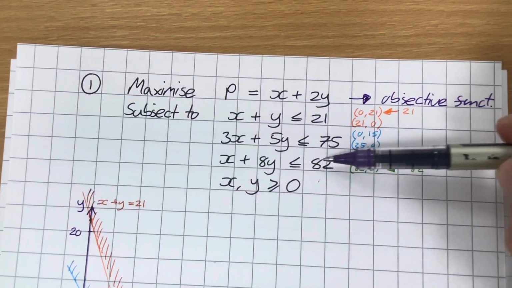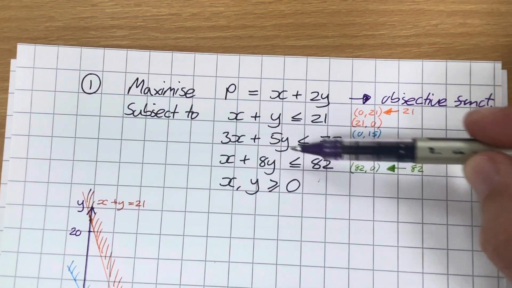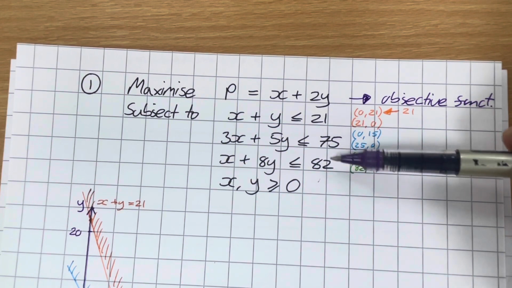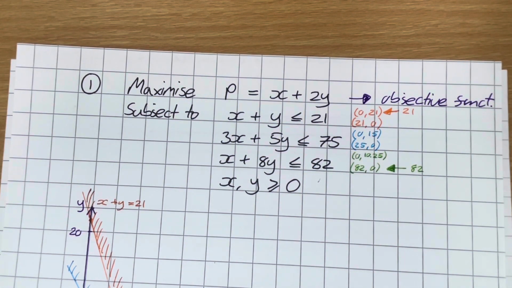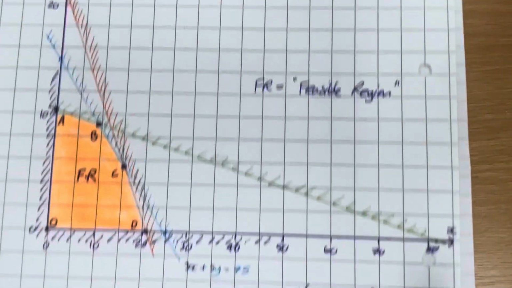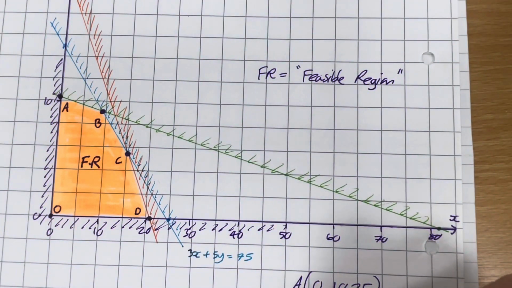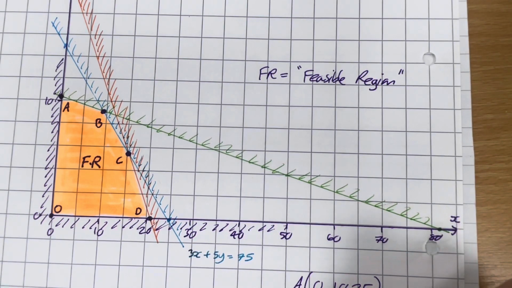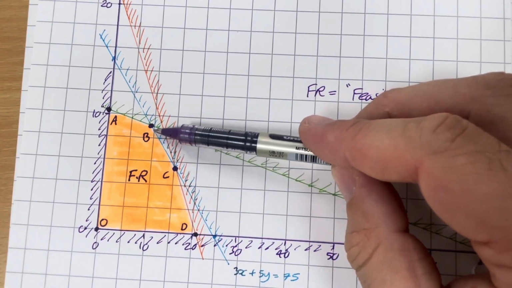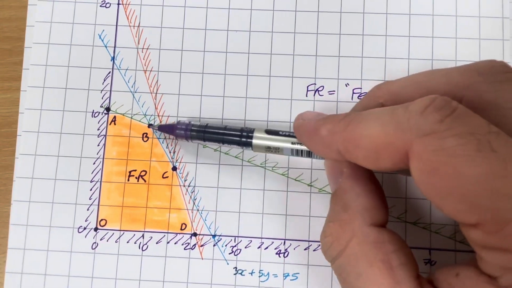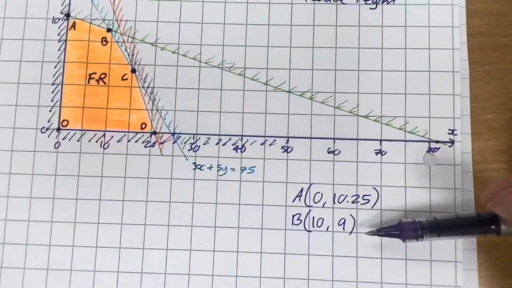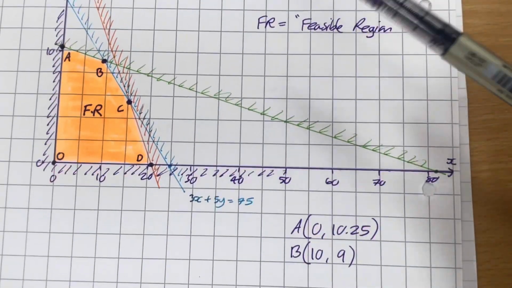If we change this to an equal sign, we're going to solve these equations simultaneously, which you can get the calculator out for if you choose to, but I'm not going to spend time solving these equations simultaneously. I'm just going to state what the point is. In this case, the point B is the point 10, 9. Just check that kind of makes sense with the graph. 10 on the x, 9 on the y. It looks about right, but you shouldn't use the graph to decide the point. You should solve it algebraically.